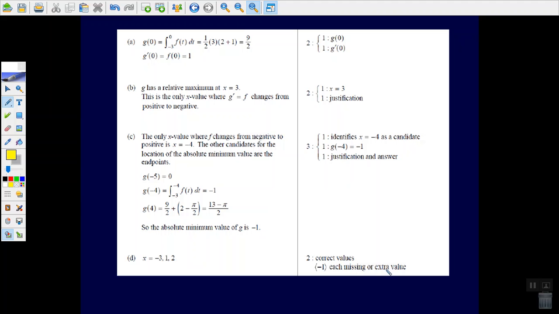So here's an example where maybe if you had 2 of these 3, like maybe if you had -3 and 1, but then had 2 other numbers that were both wrong, you actually would get 0 points for this, because you would get -1 for each of the wrong points you wrote.